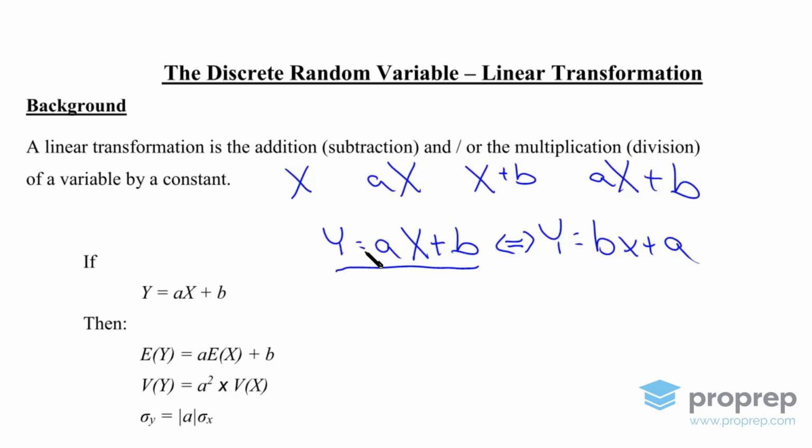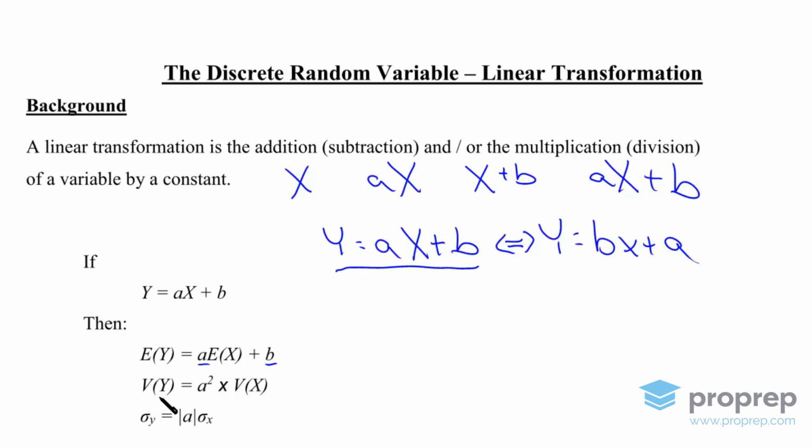Okay, so here are the rules. The expectation of y equals a times the expectation of x plus b. This a is the same as the multiplier here, and b is the same as the constant here.